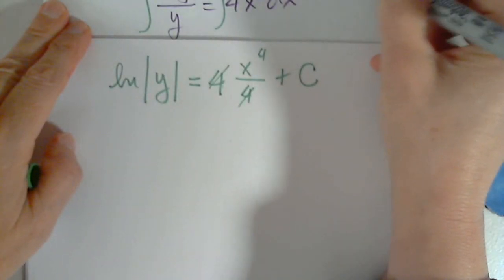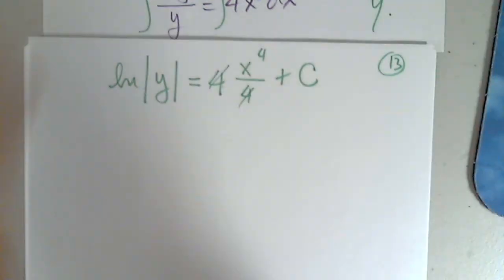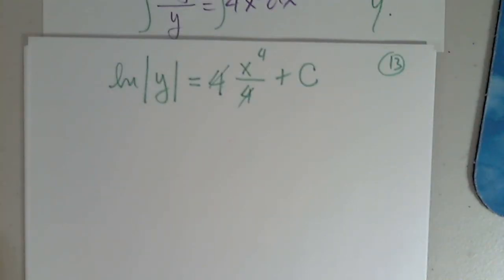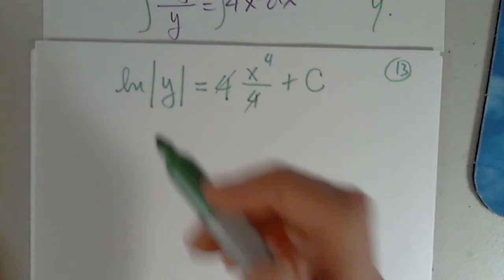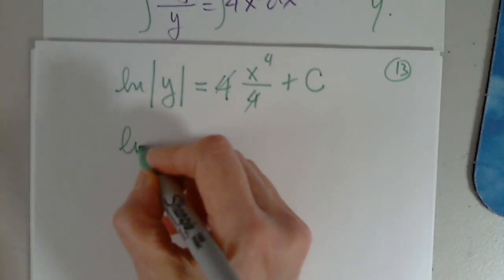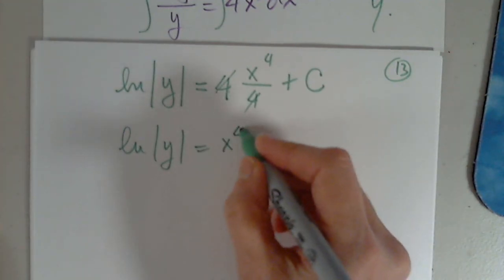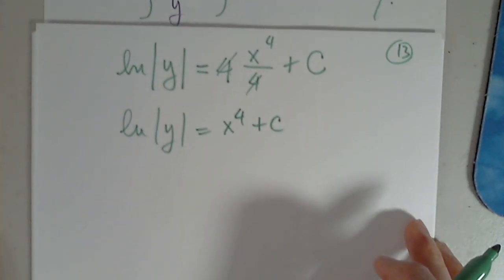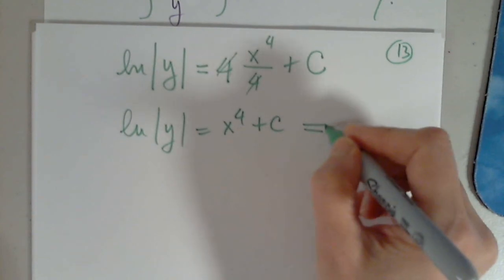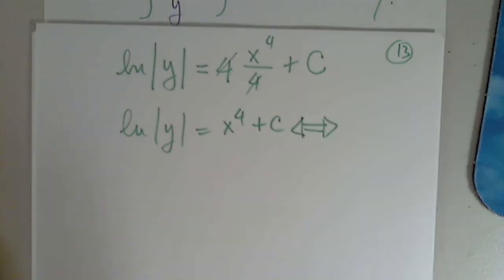Solve for y to find the function. Okay. So this is the natural log of the absolute value of y equals x to the 4th plus a constant c. Can anyone tell us if anyone remembers how to change this into an exponential equation? Anyone?